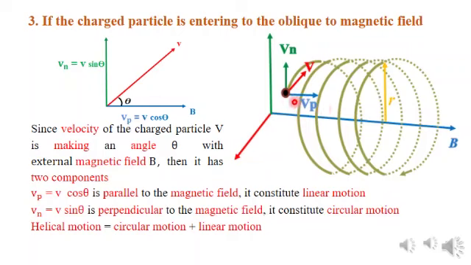At the same time, due to the normal component of velocity Vn, the charged particle moves in the circular path. Thus, charged particle has velocity in the direction of magnetic field and also in the circular path. So, the resultant path of the charged particle is a helix and axis of the helix is the magnetic field.